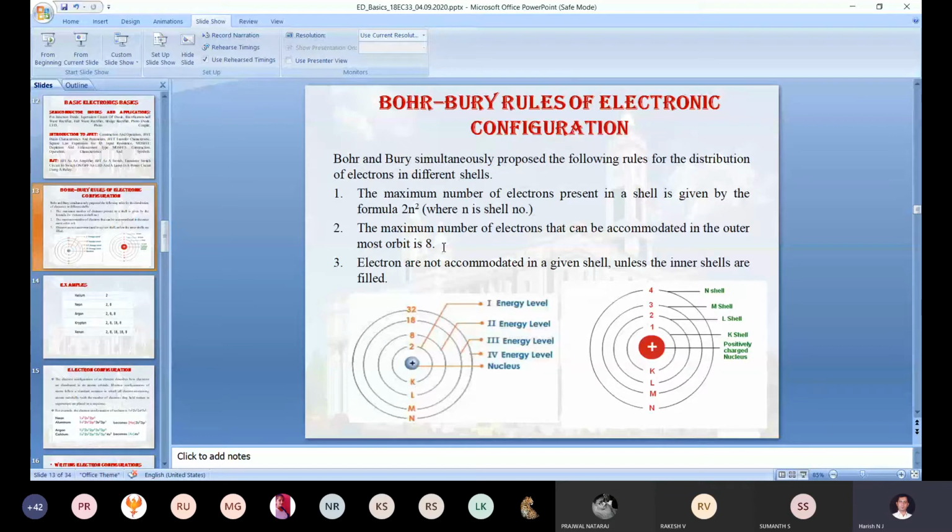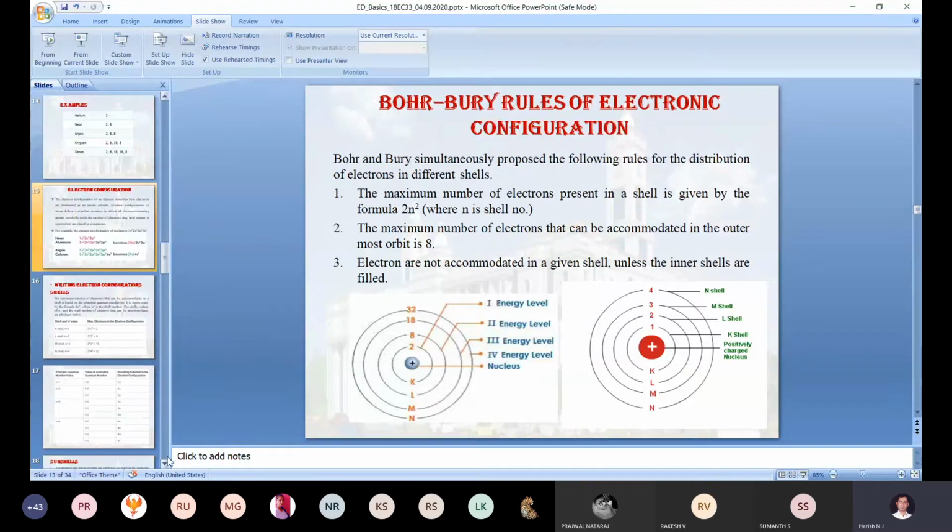This is the second rule. The third rule: once you fill the previous subshell, then only you can go for the higher subshells. If the lower subshell is not filled, you can't move to the higher subshell. Keep these three rules in mind for writing the electronic configuration of any atom. This is all about the Bohr-Bury rules.